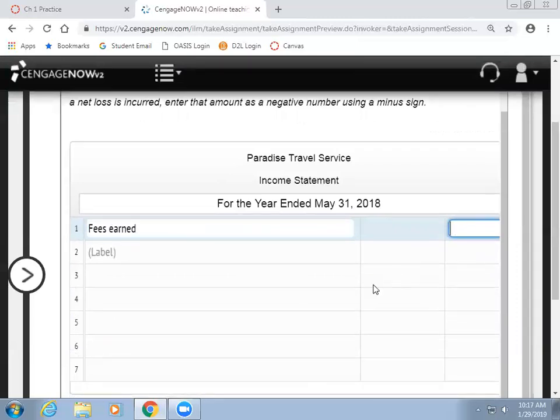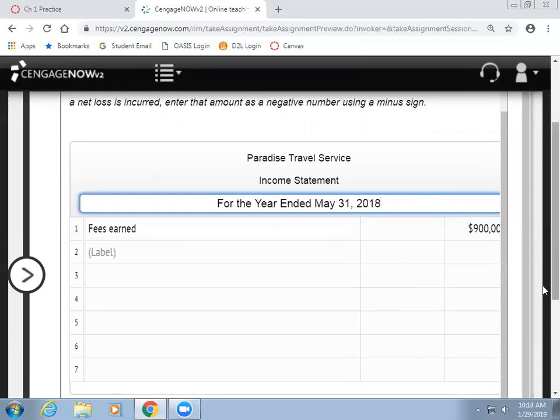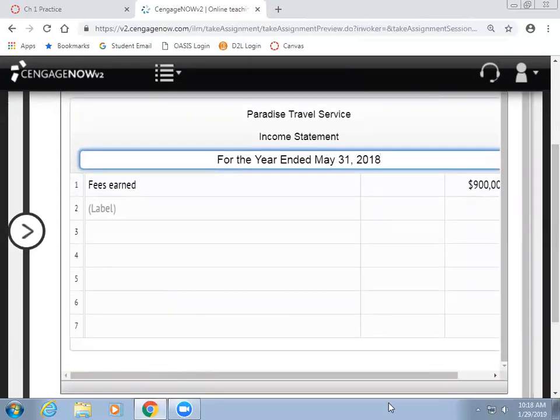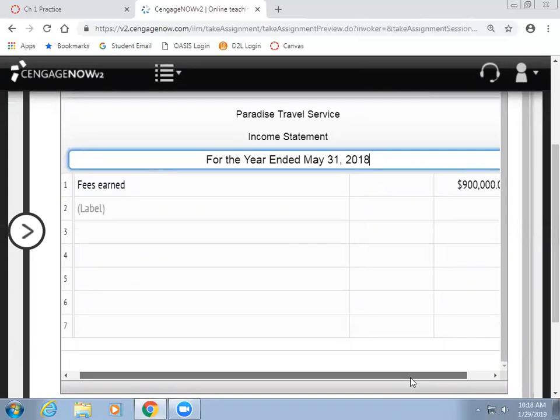And then over in the rightmost column, since it's a total amount, I'm going to put my total fees earned, which they gave us at $900,000. Okay, so on an income statement, the rightmost column is for total amounts. So we only have one revenue account, so that's the total.